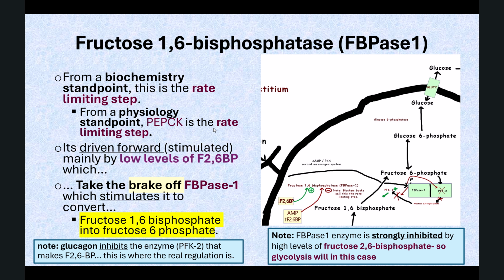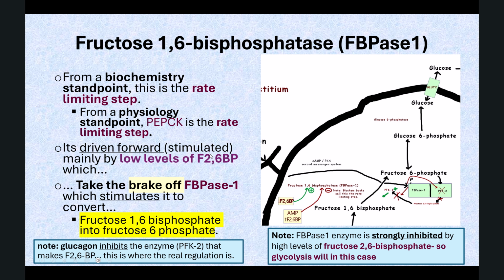It's driven forward. Well, what are we talking about? FBPase1, so that's the enzyme again. We're stuck at this step. The whole goal of gluconeogenesis is here. So we're almost there, but we're stuck here. So we need to make sure this enzyme is active. To make it active, we need low levels of F26BP.